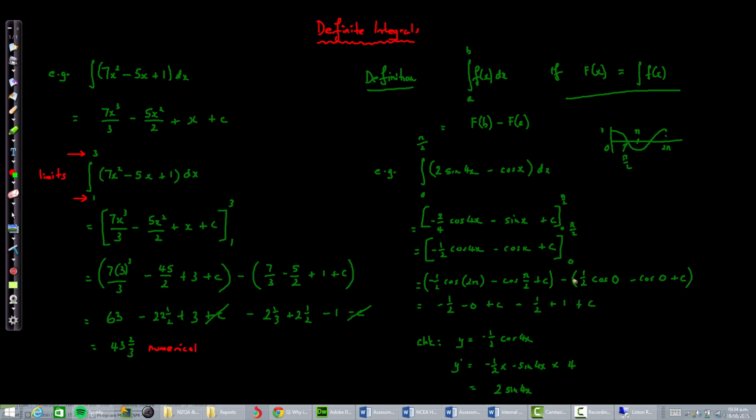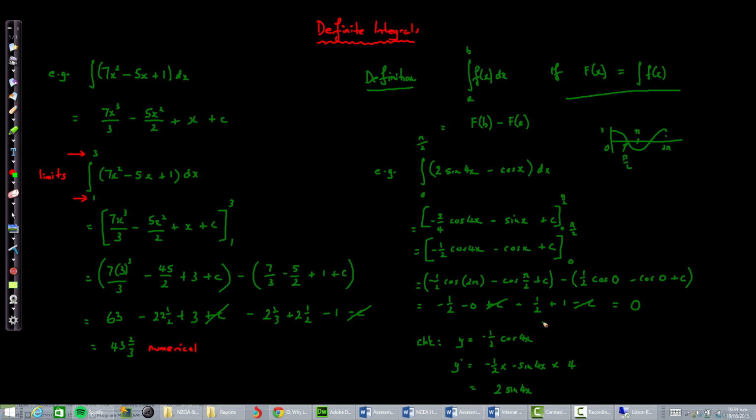We've got minus plus c there, so let's fix that up. Our constants, I ask you to notice, are going to cancel. The 2 minus a halves will become negative 1. The plus 1 will cancel that out, and the minus 0 is still 0. So the overall result in this case is 0.